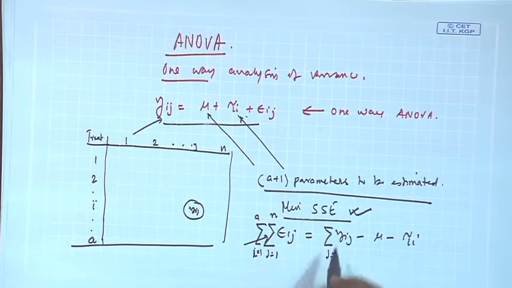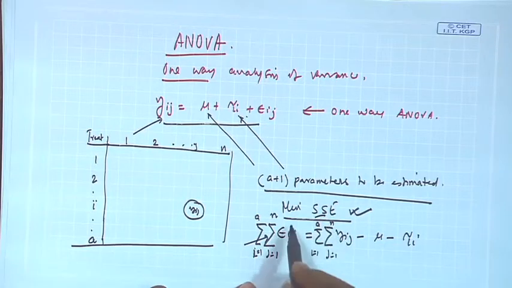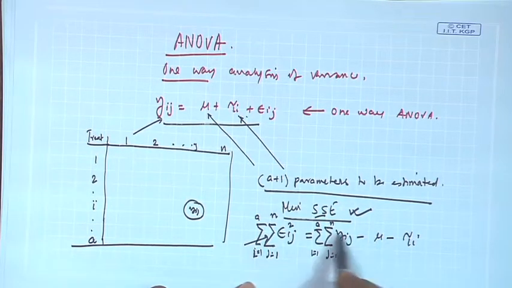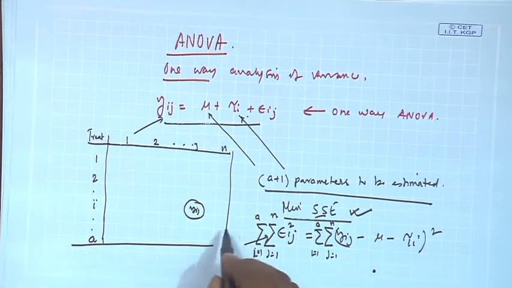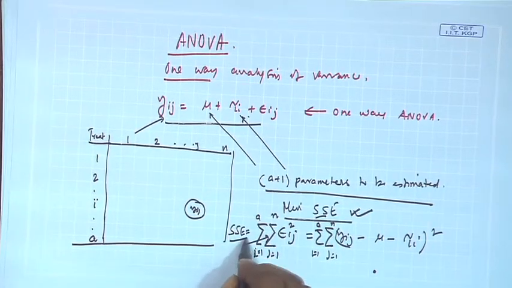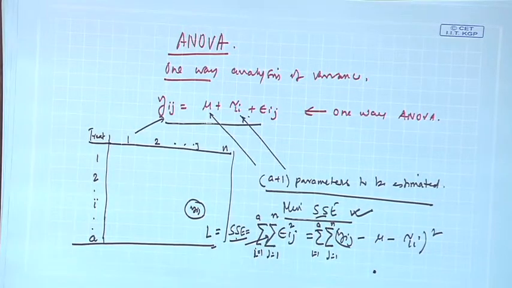But what we are saying is sum of squares, that means you first make it square, so this square and then sum it. So, this is your SSE. If I denote this by the function L, then L is this function.